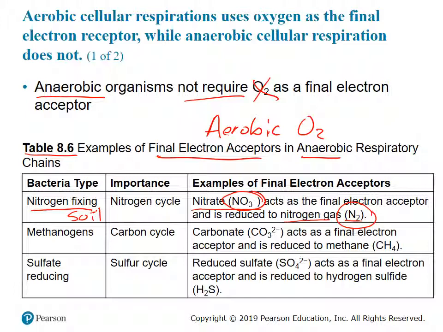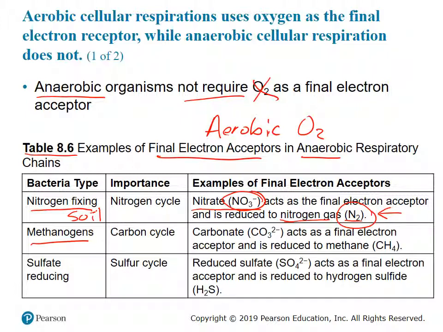They'll actually use that nitrate as their final electron acceptor and convert it into nitrogen gas. And nitrogen gas is important because that actually goes into the air and it also stays in soil. And nitrogen, if you know a little bit about gardening or plants, nitrogen is one of the crucial ingredients to actually have good plant growth, right? So we call this nitrogen fixation.